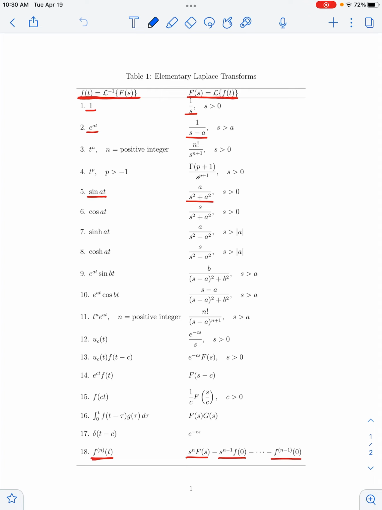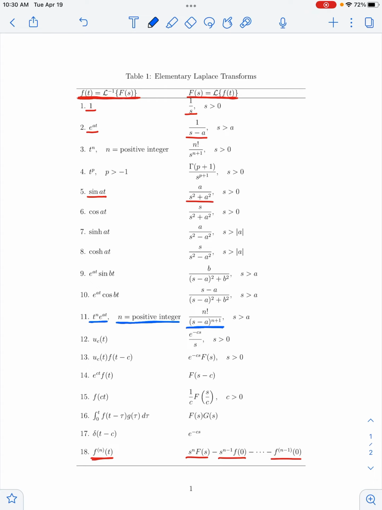And looking through these properties, I can see that number 11 has a denominator that involves (s minus a) all being raised to some power, n plus 1, where my numerator is n factorial. And this is the Laplace transform of t to the n, e to the at, where n is a positive integer.